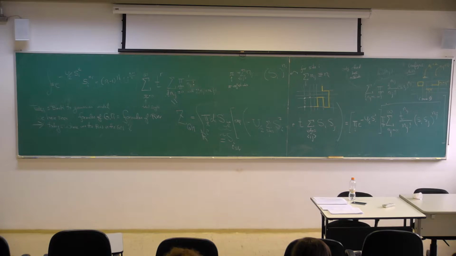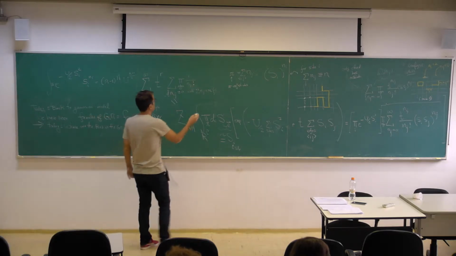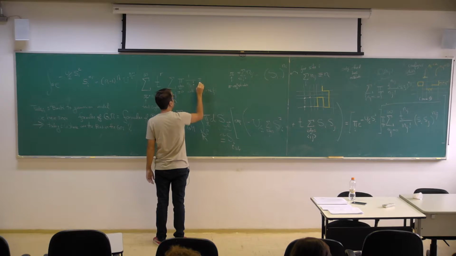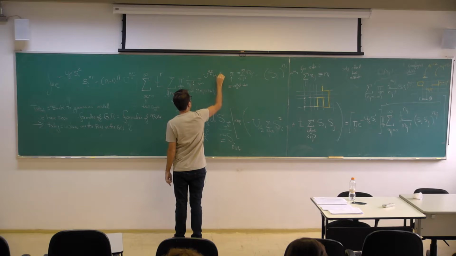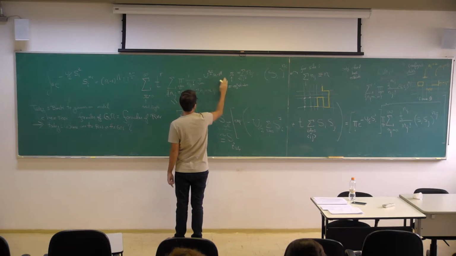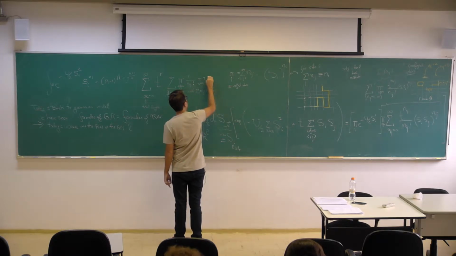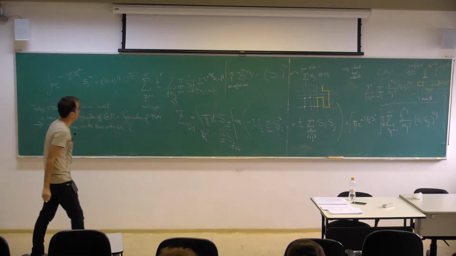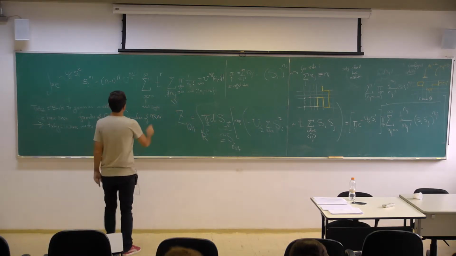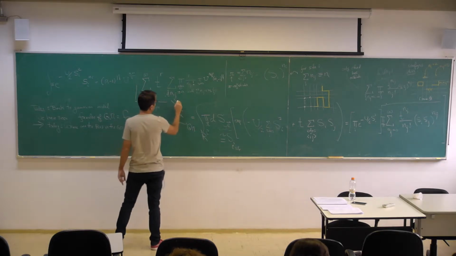Okay? So what we should do is put a product over sites of u to the ni plus 1 over 2, ni minus 1 double factorial. So here is our formula for the partition function of our Gaussian model.